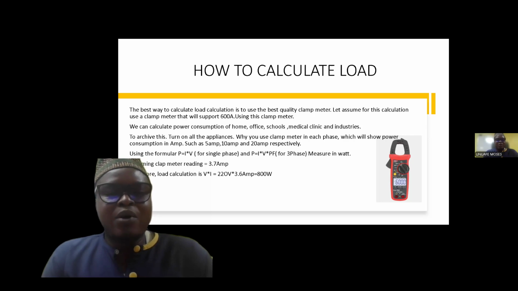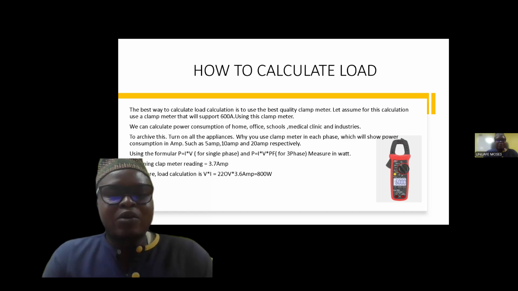We can calculate the power consumption of a home, in our residential or even in our industry. To achieve this, we turn on all our appliances and use the clamp meter on each phase, which will show the power consumption in amperage.